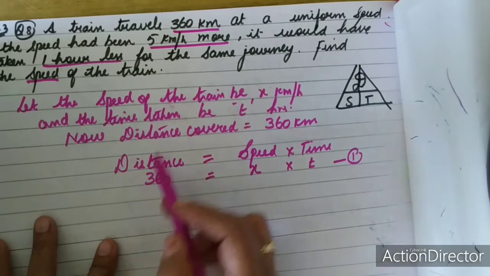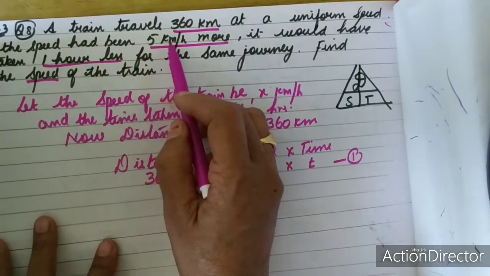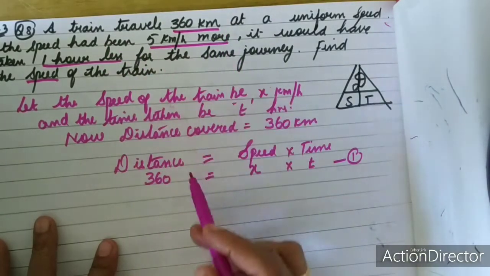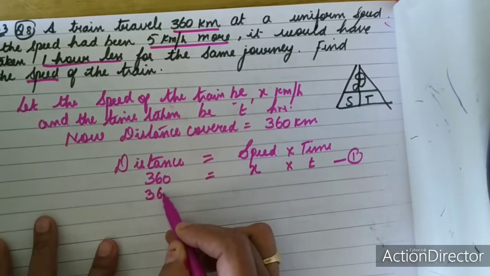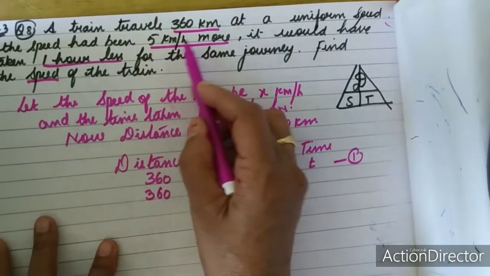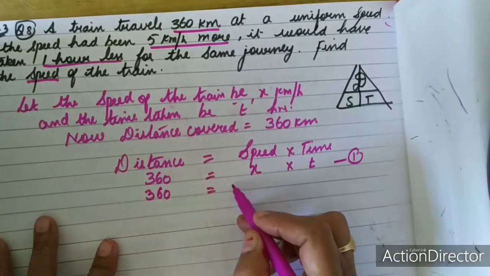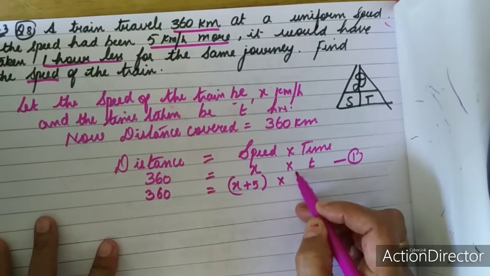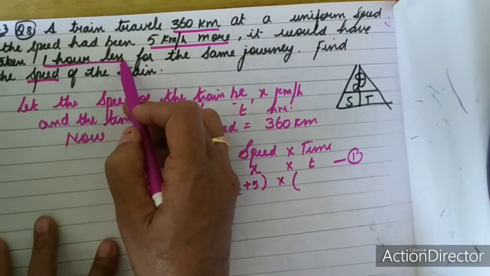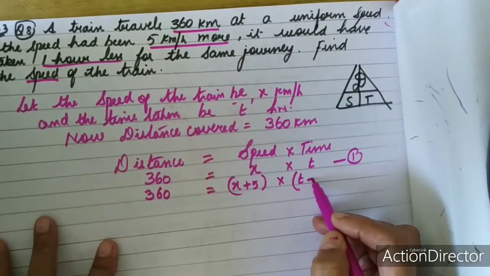So coming to the second part, if the speed had been increased by 5 km per hour but the distance remains the same, so now second equation will be 360 equal to x plus 5, since speed is increased, into t minus 1, since the time is decreased, less means decrease.